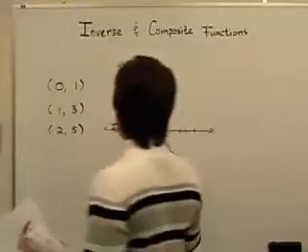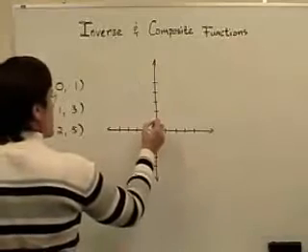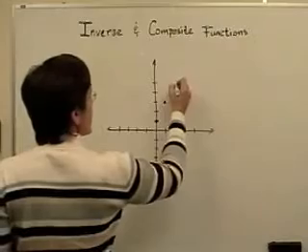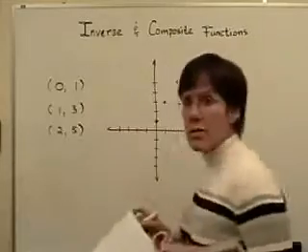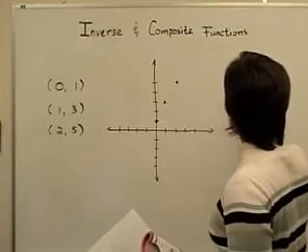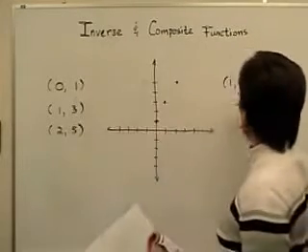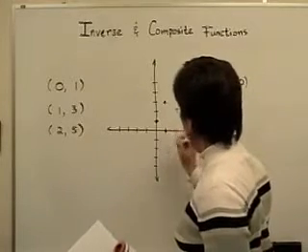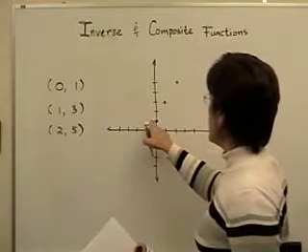All I want to do with you now is take a look at some ordered pairs and look at their inverses. So first of all, if I were to graph these ordered pairs, here's the first, here's the second, and here's the third. The inverse of these ordered pairs, I just switched the x and the y values. So I'd have here, instead of 0, 1, I'd have 1, 0. And so that point is right here. Again, here's the original ordered pair.